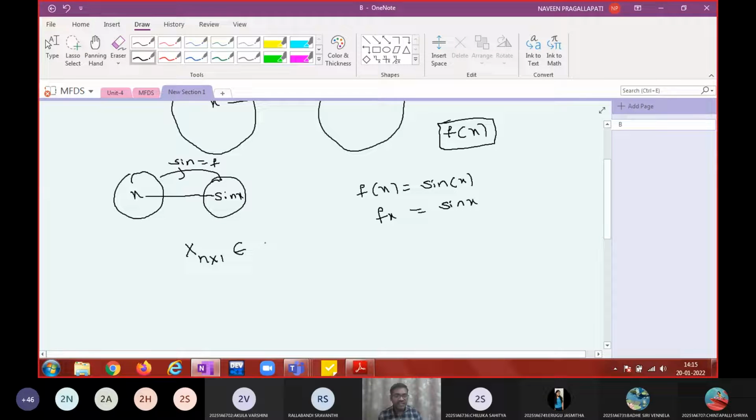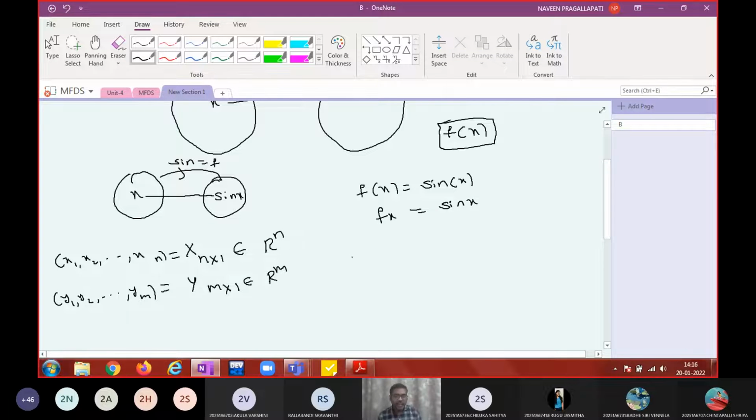That means you can see this as an element of n dimensional space, that is x1, x2 and so on, xn. Similarly, suppose you have a matrix of order m by 1. Call this y. You can see this as an element of m dimensional space, something like y1, y2, and so on, ym.